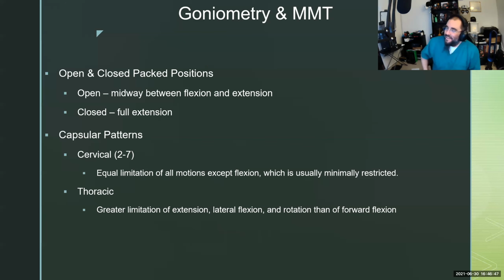Anyway, in the cervical spine, you have equal limits of all motion except flexion. So it's capsular if I've lost extension, rotation, and lateral bending, but usually I have normal flexion, right? That's a capsular pattern. In the thoracic region, it's greater limits in extension and lateral flexion than forward flexion.